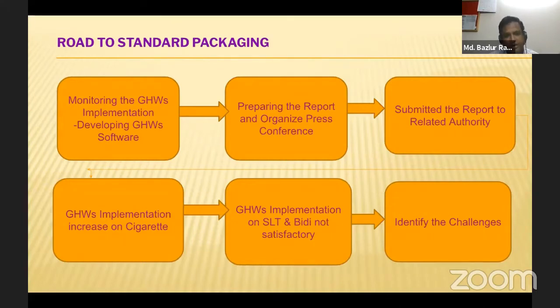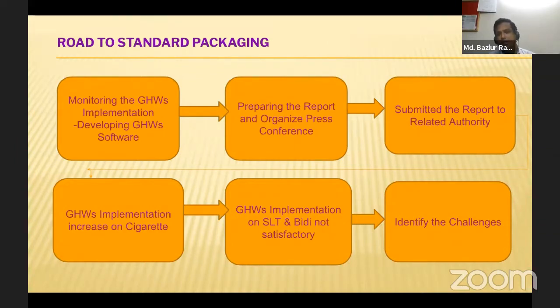We covered all subsection of Section 10, and after collecting the data, I mean monitoring data, we prepared a report and we organized a press conference to disseminate the outcomes, basically highlighted with the violations of graphical warnings implementation. Then we submit it to the related authority.